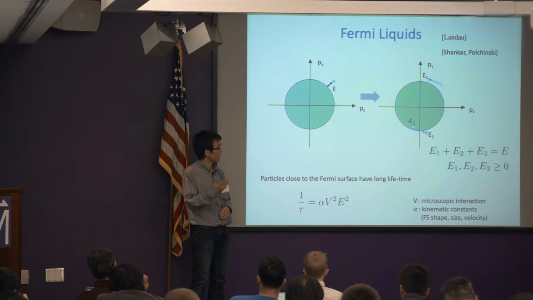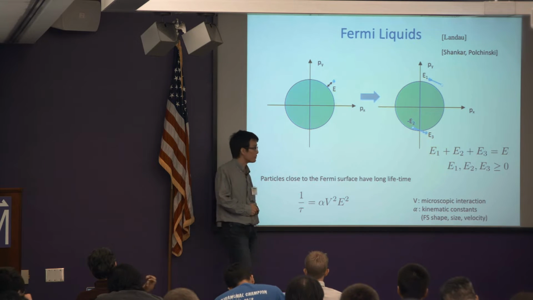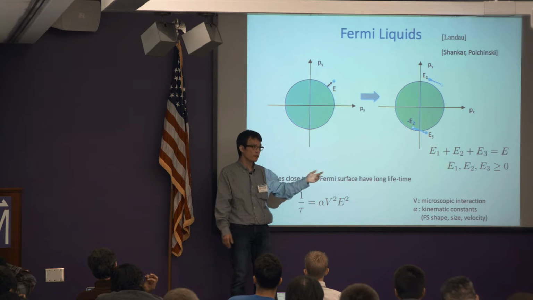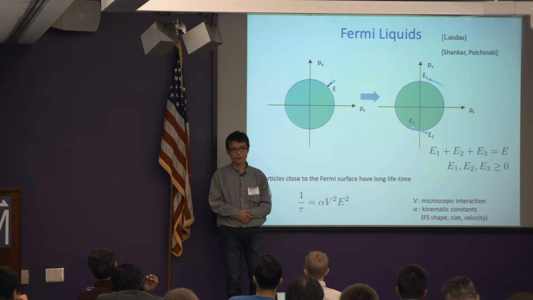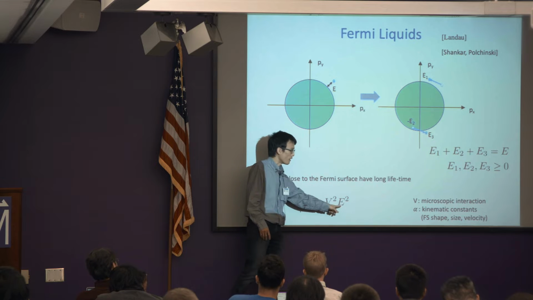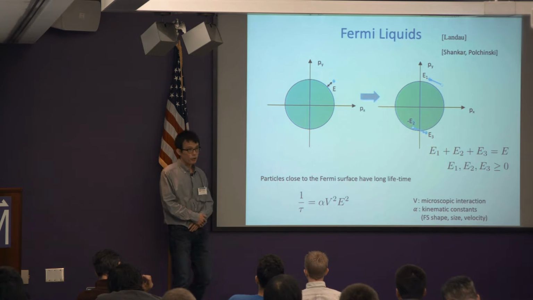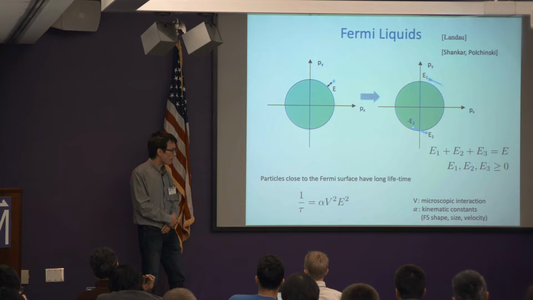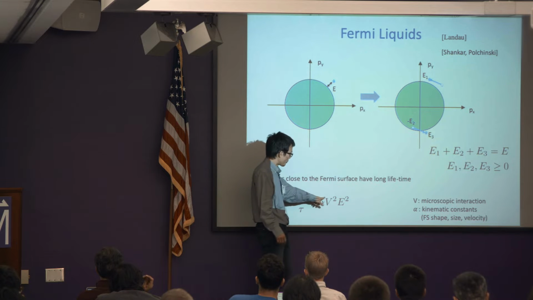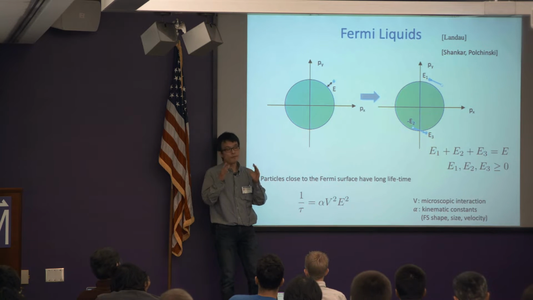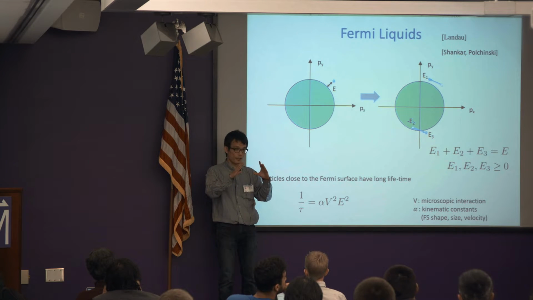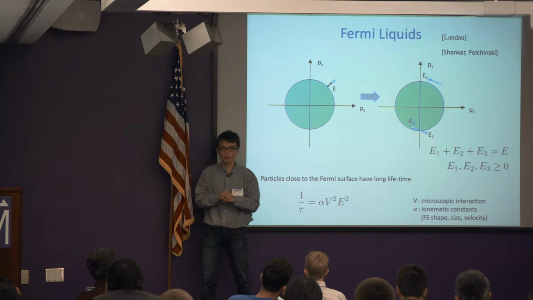The sum of those energies E1, E2, E3 should be the original energy E. There are 3 variables, and the phase space that obeys that constraint goes as E squared because there's only one energy conservation. That limited phase space gives rise to a long lifetime of particles created close to the Fermi surface. That means although the microscopic time scale of the interaction is very short, as you go to low energy, the Fermi surface is actually essentially rigid. It doesn't fluctuate much.